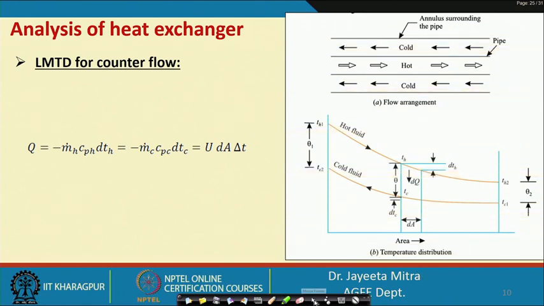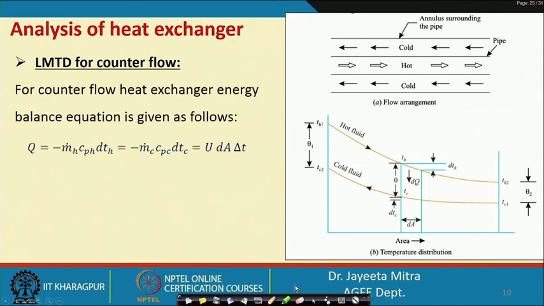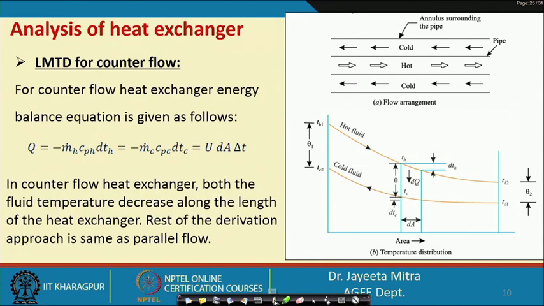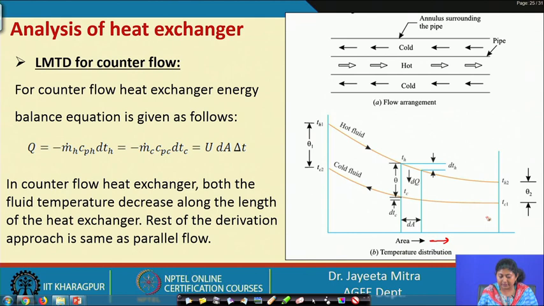In counter flow, the two fluid streams are moving in opposite directions, and the hot fluid and cold fluid temperature distribution across the area will look like this, where theta 1 is Th1 minus Tc2 and theta 2 is Th2 minus Tc1, and these two temperature differences theta 2 and theta 1 may be almost constant, or there is not much variation between them.